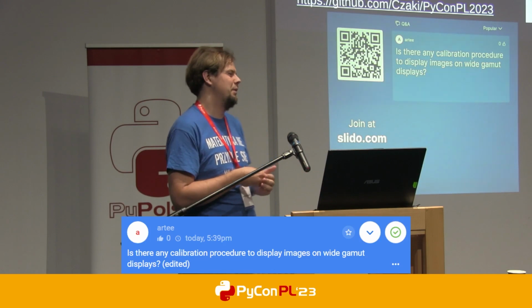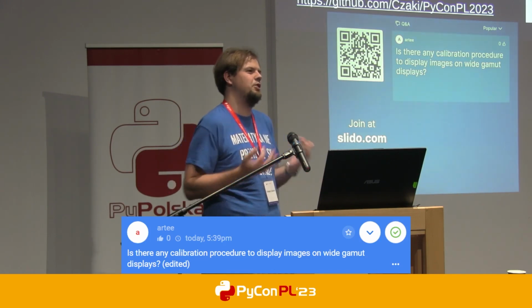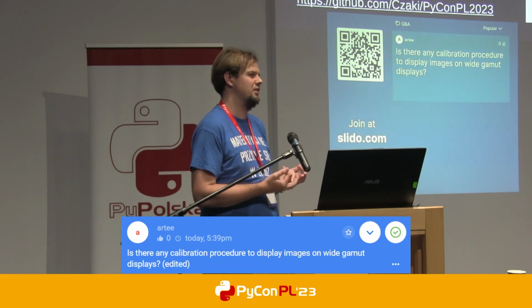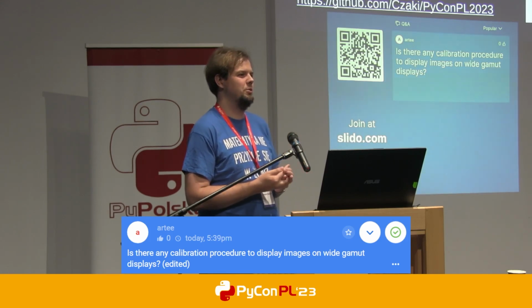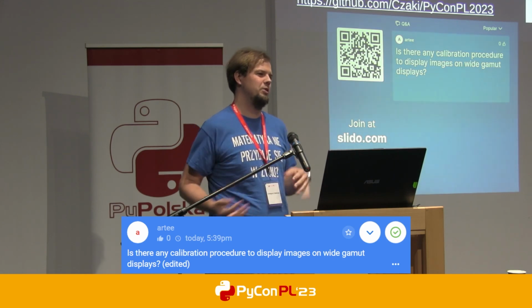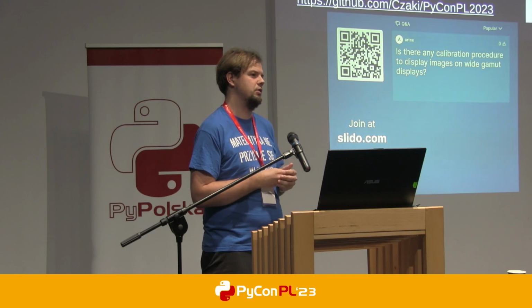So if the person who asked this question would like to provide more details, please catch me. Then maybe I will be able to tell something, or try to ask other community members if they have such knowledge.